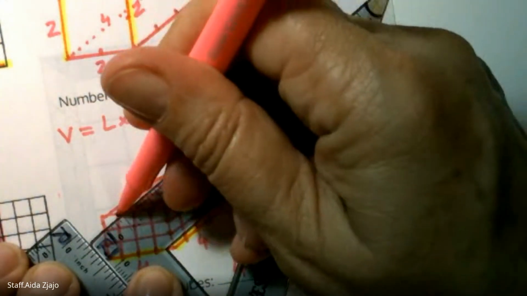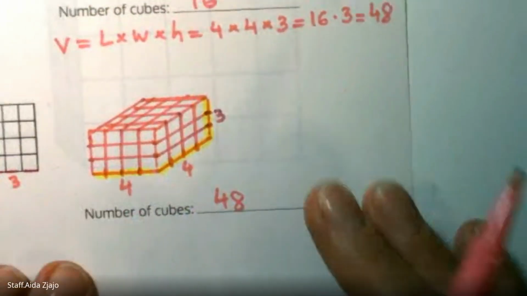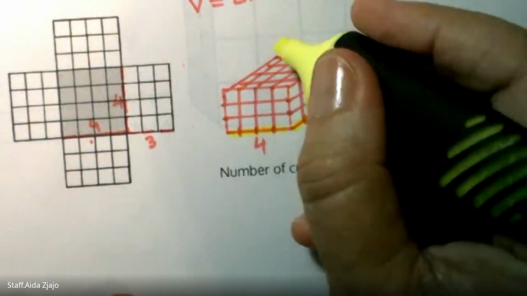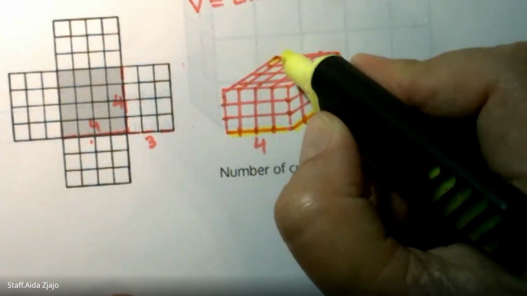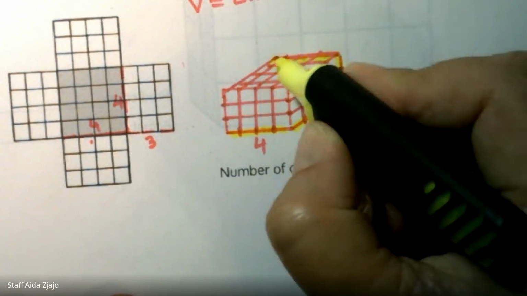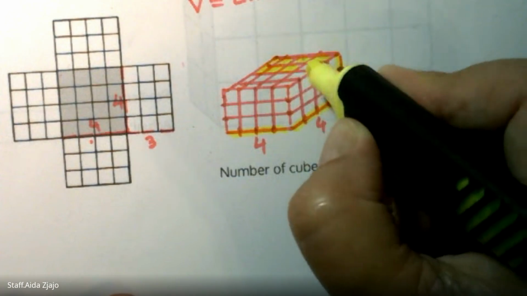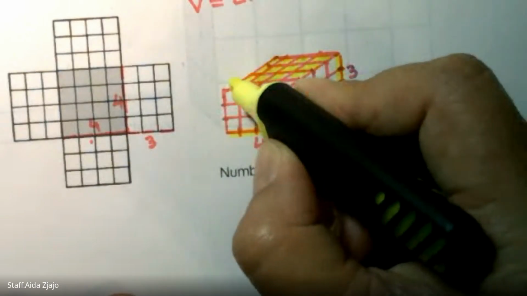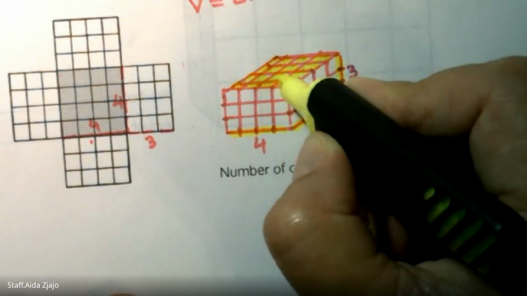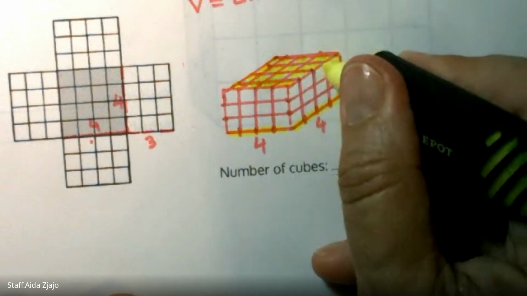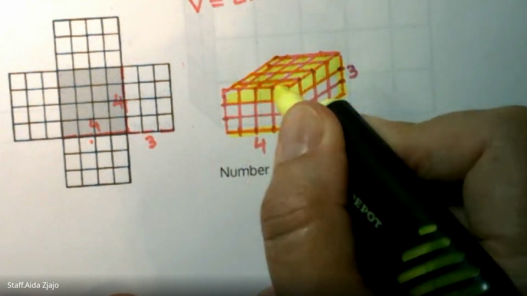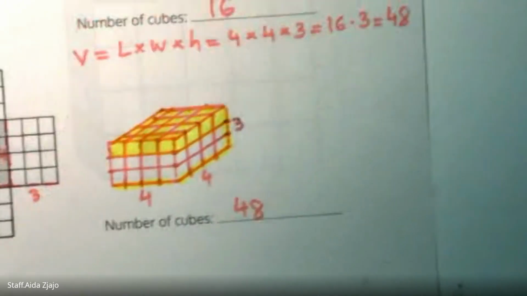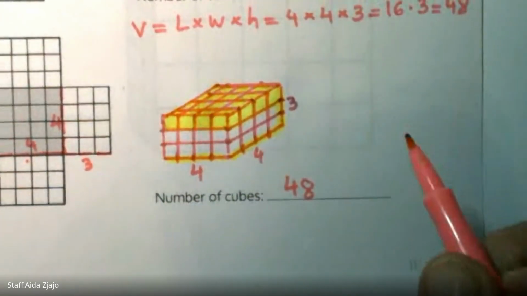So then you can see, if you look, this is 1, 2, 3, 4, 5, 6, 7, 8, 9, 10, 11, 12, 13, 14, 15, 16 cubes will be this first base, the last layer. That's layer 3.